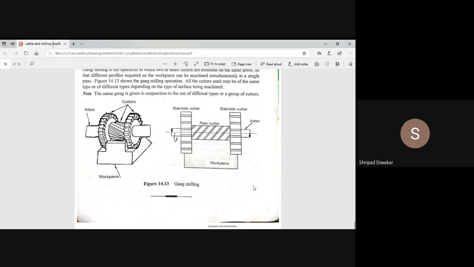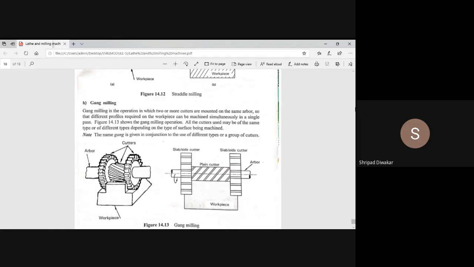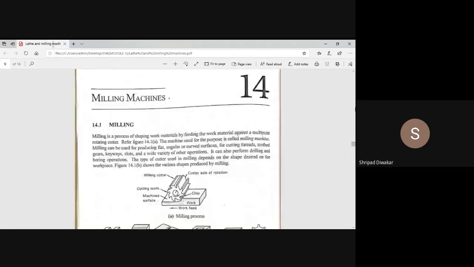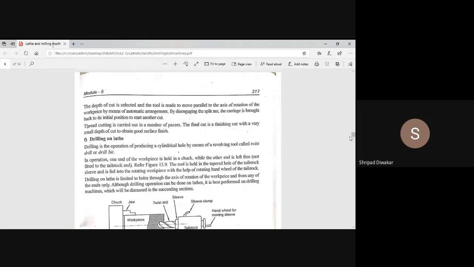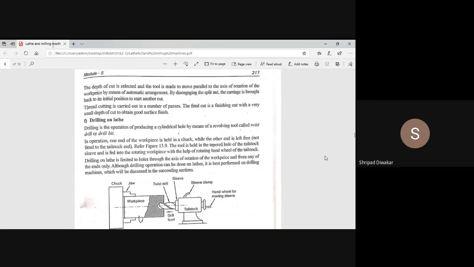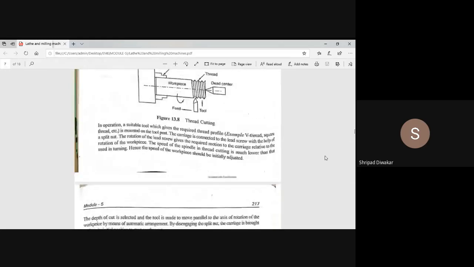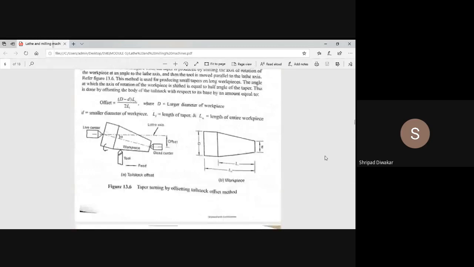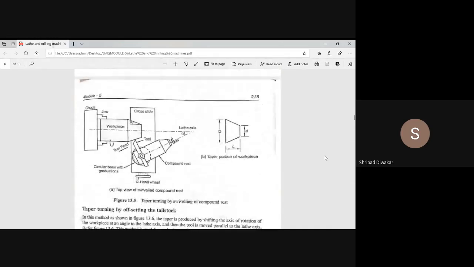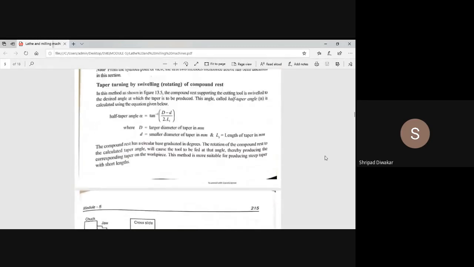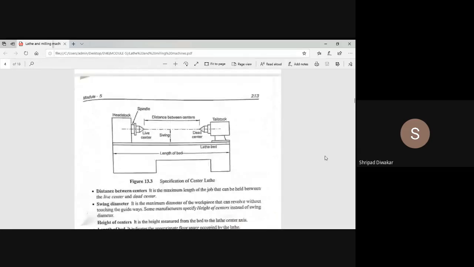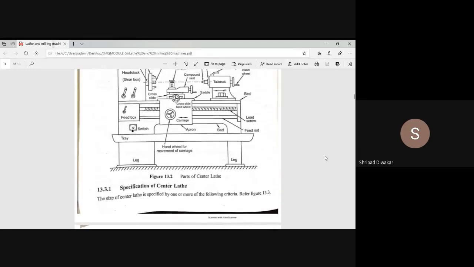Okay, I'll show the machine. In the previous class we discussed the lathe machine. So this is the lathe machine.